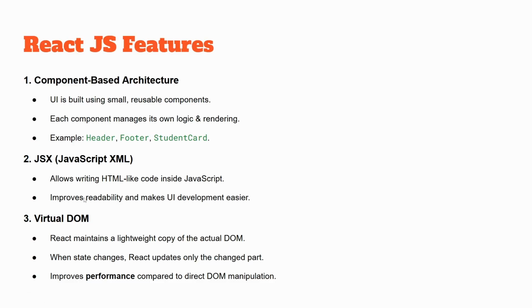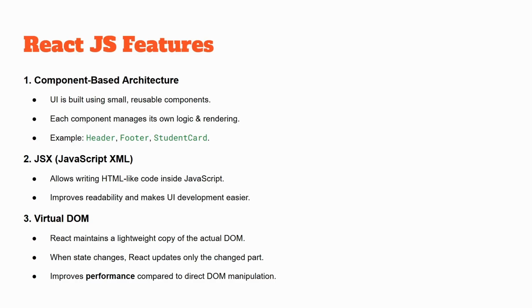Third feature, virtual DOM. So usually when you work with JavaScript, when you try to change any part of your DOM, the entire page is redrawn. Okay, so everything is redrawn. But in React, the DOM is not touched directly.